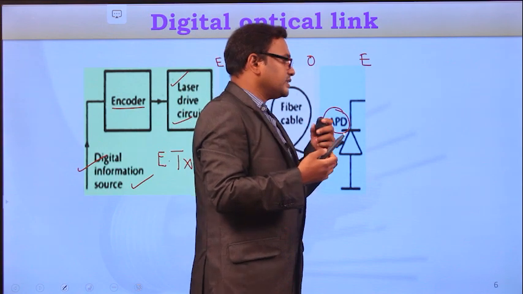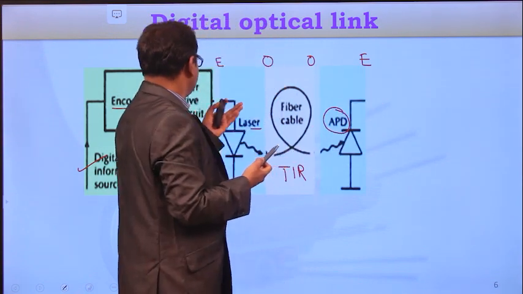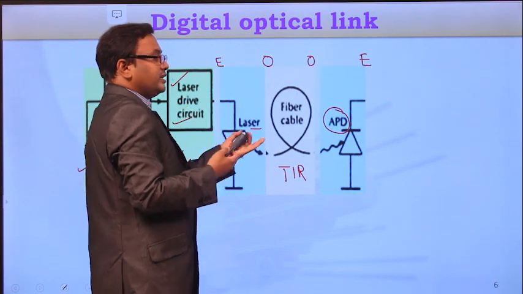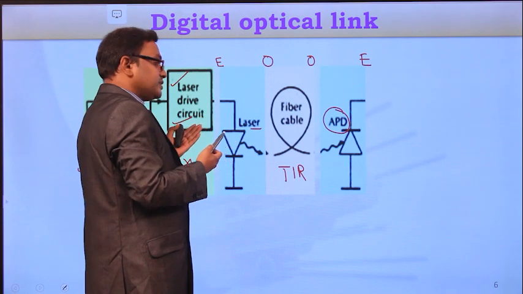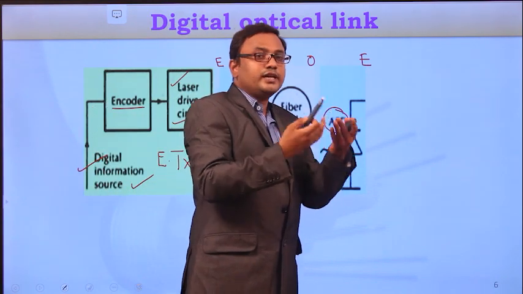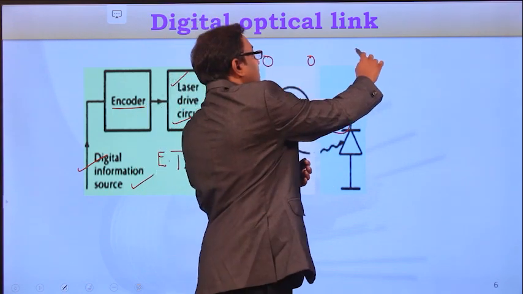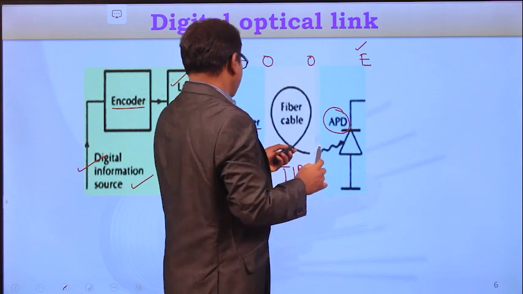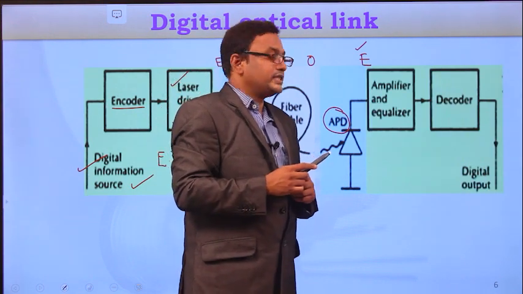So in the very next stage, this electrical signal should be amplified, and since it was encoded in the transmitter section, it must be decoded. If it is modulated before transmission, then in the receiver section the signal should be demodulated. To process this electrical signal, we need an electrical receiver section.